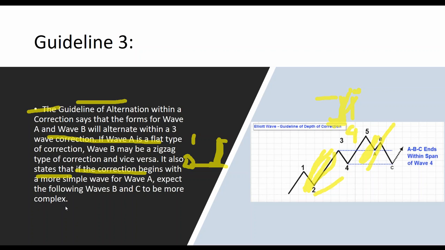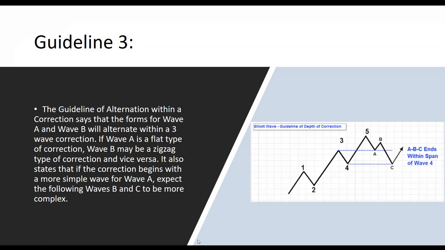The guideline of alternation within a correction wave says that the form of wave A and B, now remember, A and B are the two beginning waves of the downtrend. We have 1, 2, 3, 4, and 5, which are the impulse waves moving up. And then A, B, and C are the downtrending waves moving down. So wave A and B will alternate within a three-wave correction.